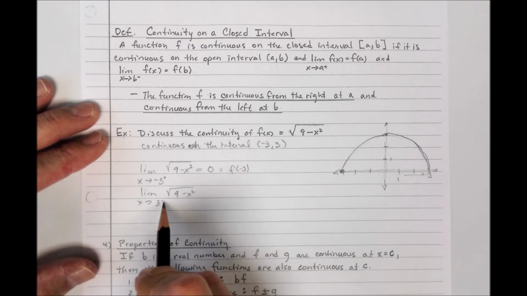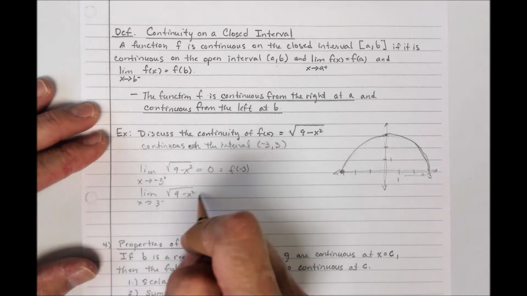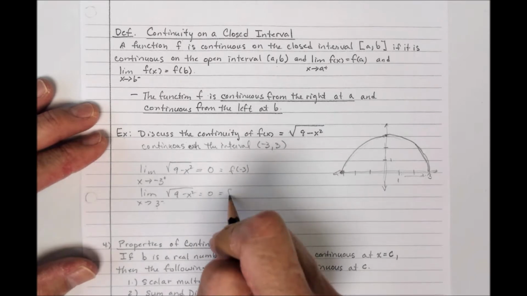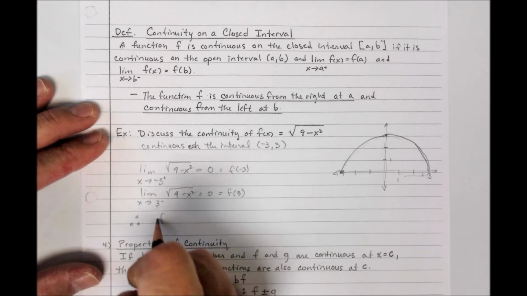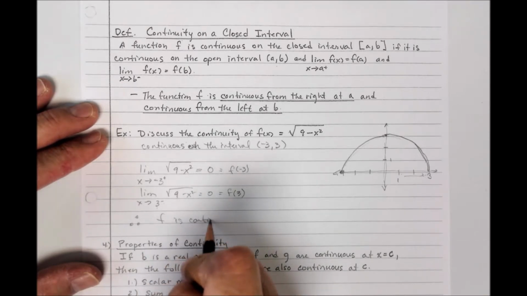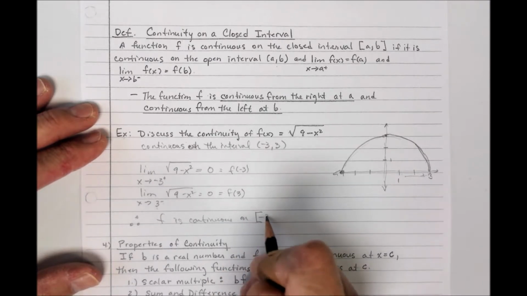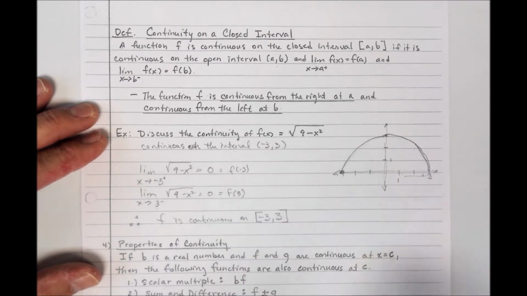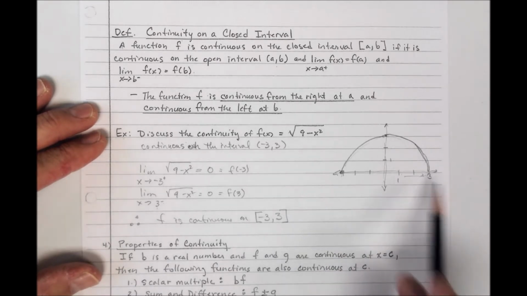As x approaches 3 from the left, 2.9, 2.99, 2.999999, and I square it, it's a little bit smaller than 9, and 9 minus a little bit smaller than 9 is very close to 0 but positive, and again I get 0, which is f of 3. So therefore, f is continuous on the closed interval from -3 to 3. It's continuous from the right at -3, it's continuous from the left at +3.